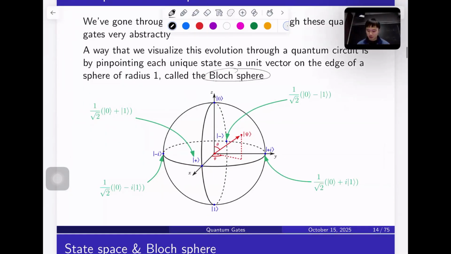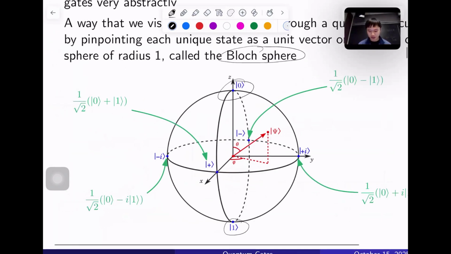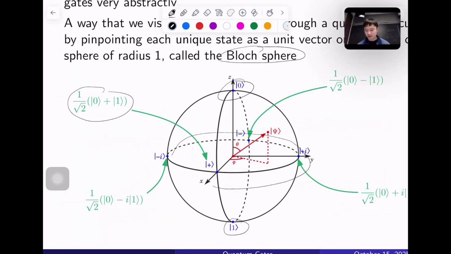To make this more concrete, the 0 state is the North Pole, the 1 state is the South Pole, and the superpositions we've been talking about, like this state that I just mentioned for your question, are going to be on the x-axis. And then as we go around, we have other states, and the whole surface is our regime of accessible quantum states.